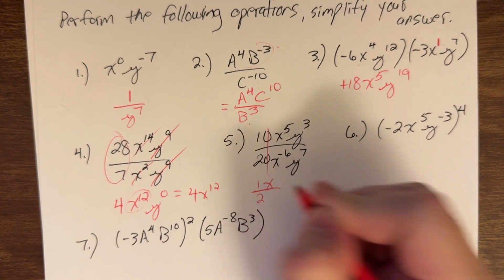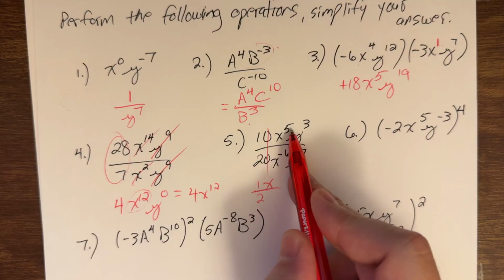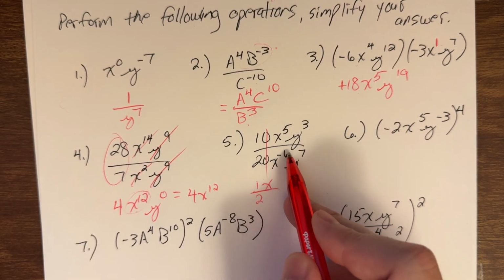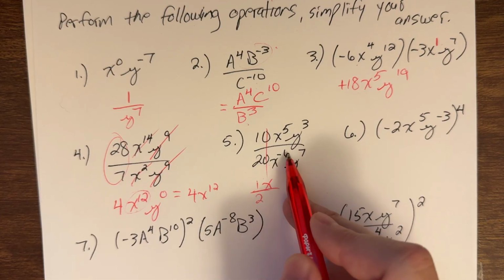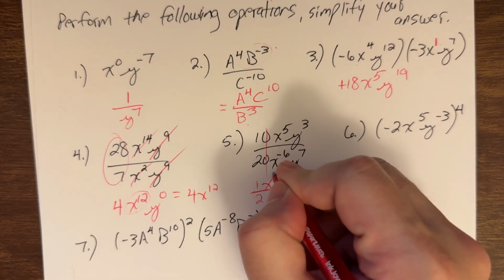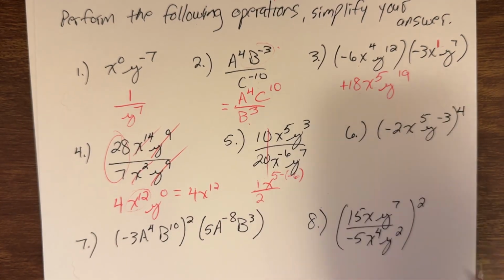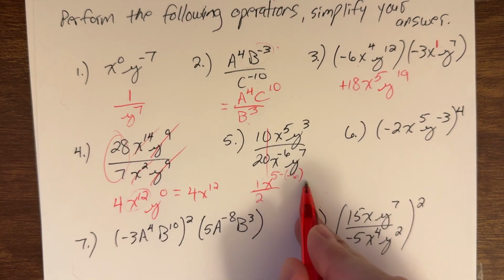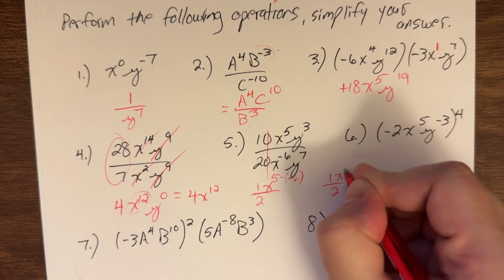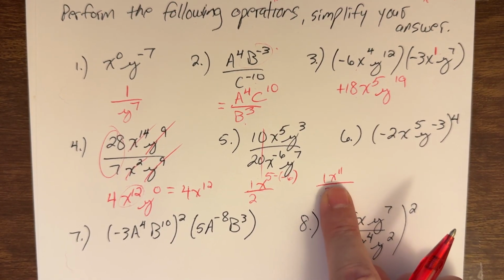So my x is on top, 5 minus a minus 6. If you're a rule person, you have to be ready with these negative exponents to just incorporate that to the formula. That becomes 5 minus a minus 6. That actually ends up becoming a plus. I'll end up with an x to the 11th power.